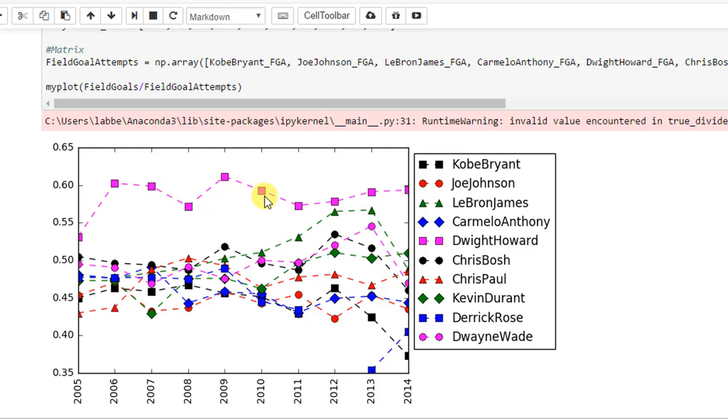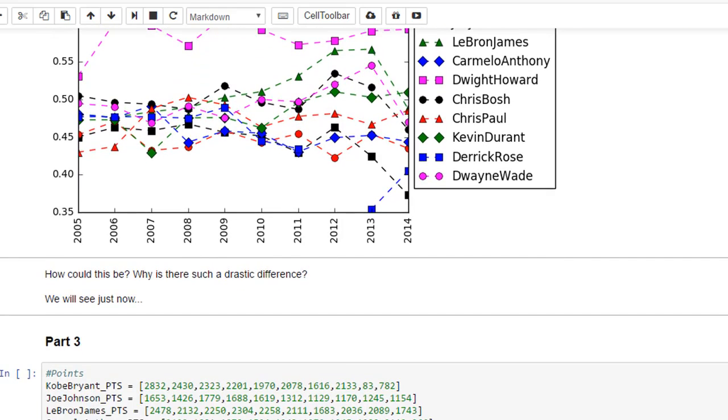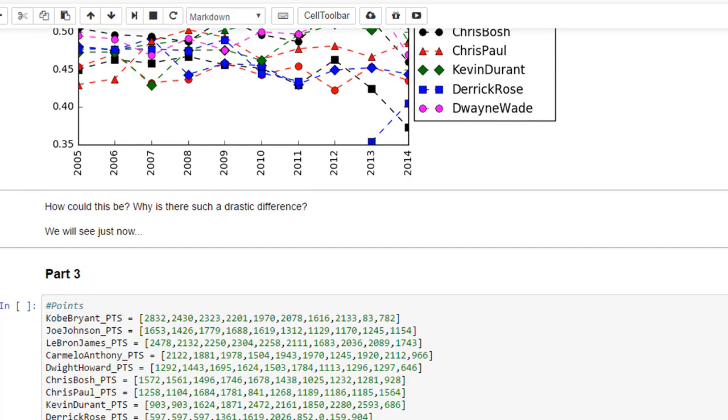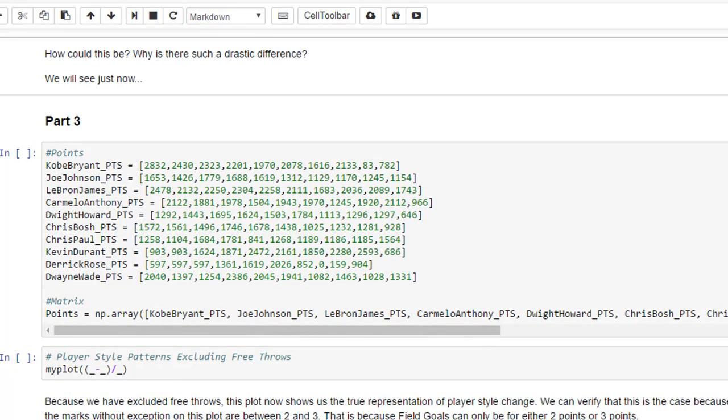But in the same way he has very poor performance on shots from a certain distance. The third part of our analysis is perfect to see this behavior, because we will investigate the patterns of player style based on how many points each player scores on average by attempt.